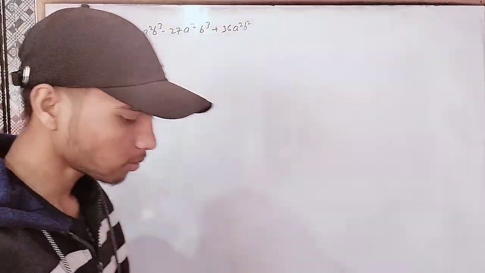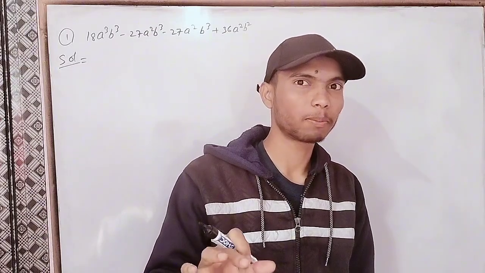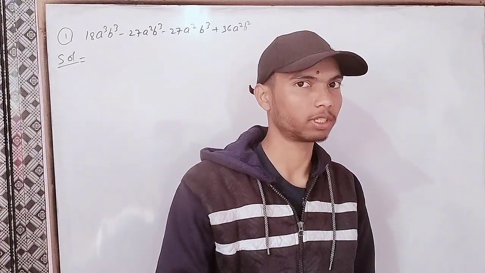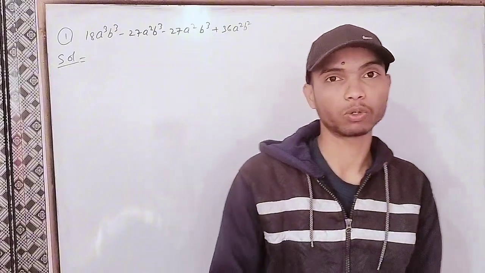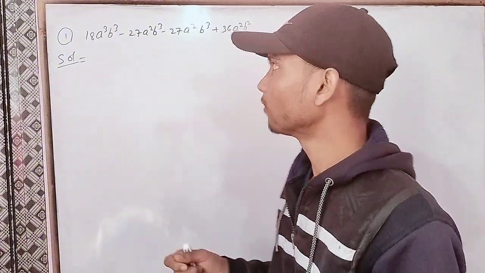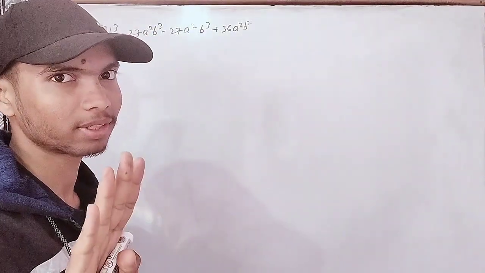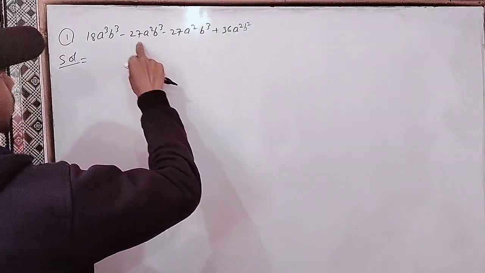So here, by using the common method. The main question says that by using the common method you have to solve it. Where is the common factor? We have to identify it. So here we have four terms: 1, 2, 3, 4.